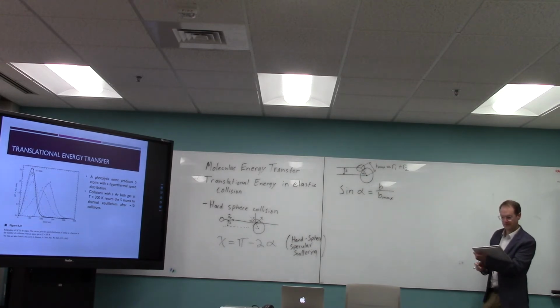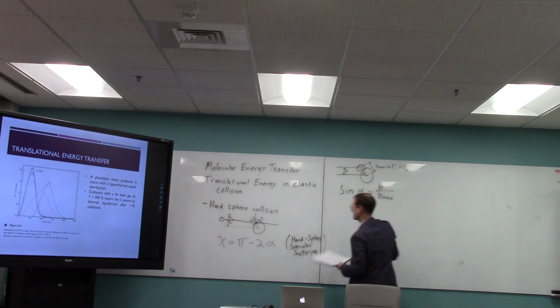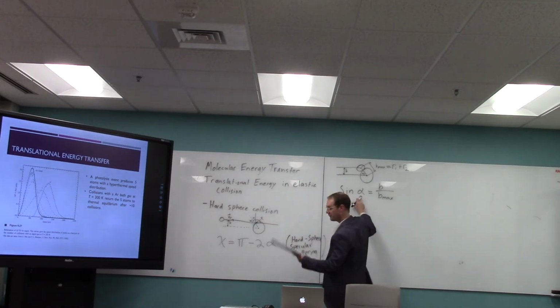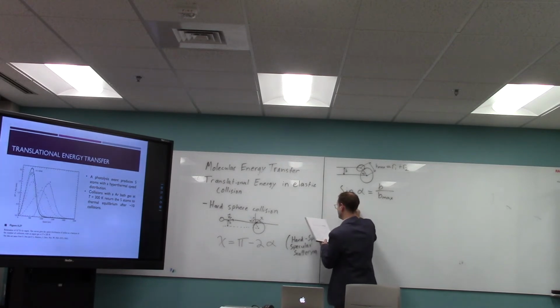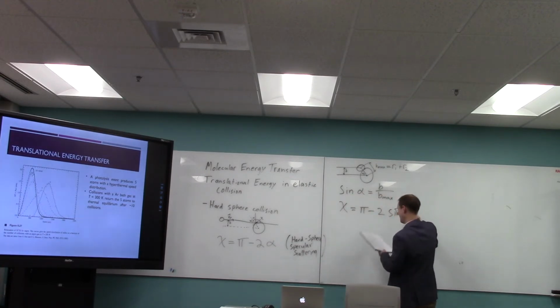Using this expression and solving for alpha, you would have that the scattering angle chi is equal to pi minus 2 times the arc sine of b over b max.